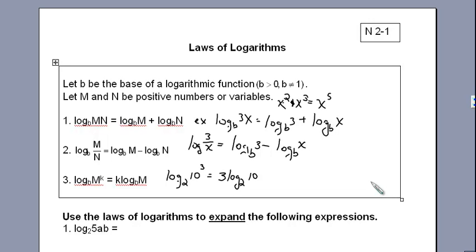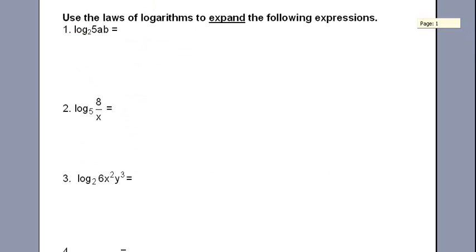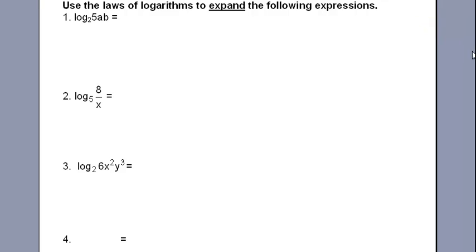Here are some examples. If you notice, the instructions are to expand the expressions. So log base 2 in this case stays the same. We have log base 2 of 5 times a times b.